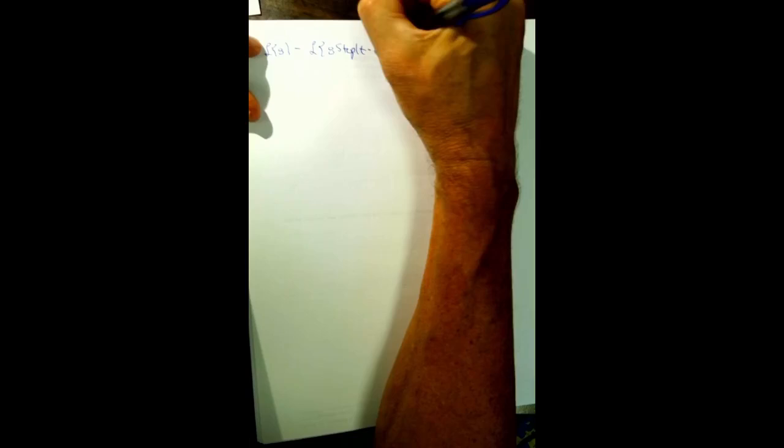So let me rewrite that. I have the Laplace transform of 8 minus the Laplace transform of 8 times the step function of t minus 12 is equal to 10 to the 5th over 3 times the Laplace transform of q plus 5,000 s times the Laplace transform of q.